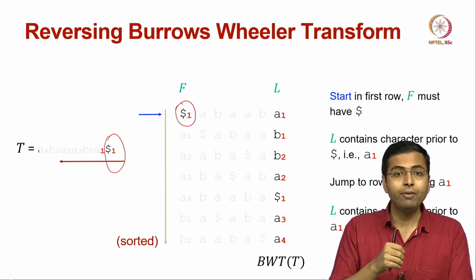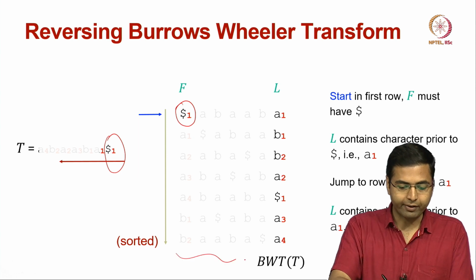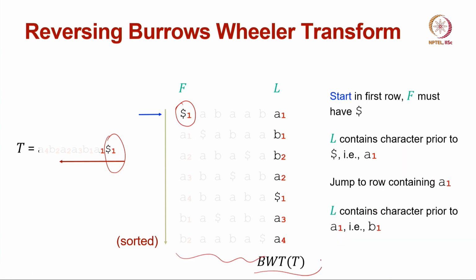So, remember that we actually do not have access to this matrix, we only know the Burrows Wheeler transform. So, while reconstructing the text, we cannot assume that we have access to the original matrix, that is just for our illustration purposes. All we have access to is the Burrows Wheeler transform, and we have to understand how we are going back to the text T from Burrows Wheeler transform.